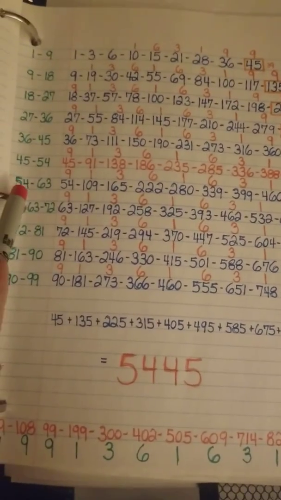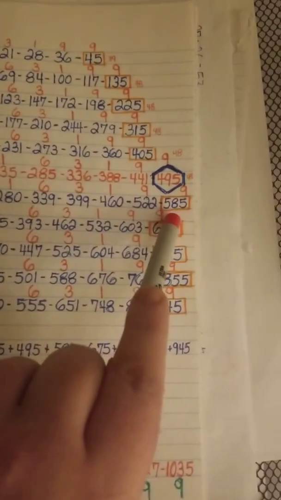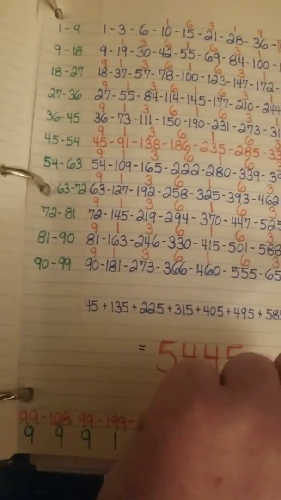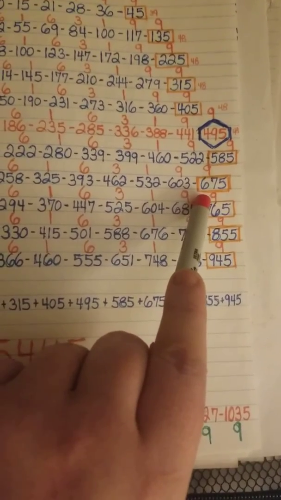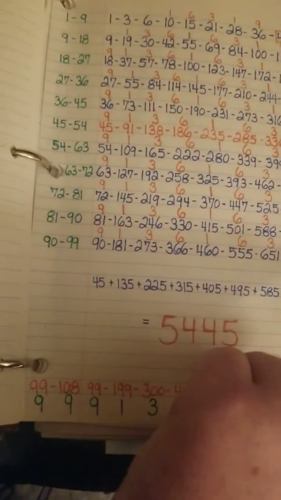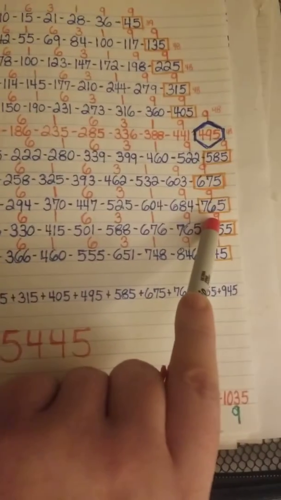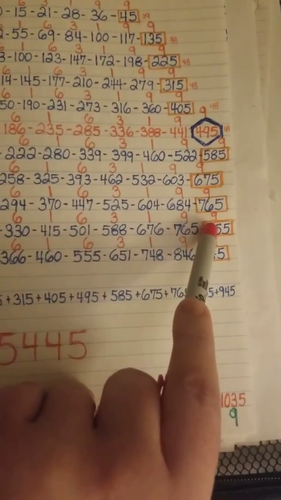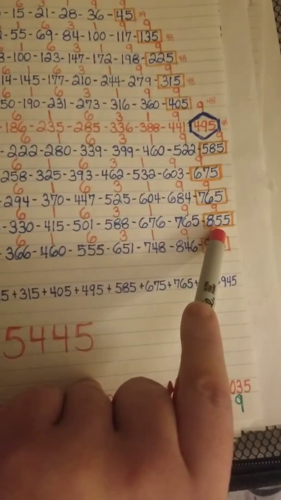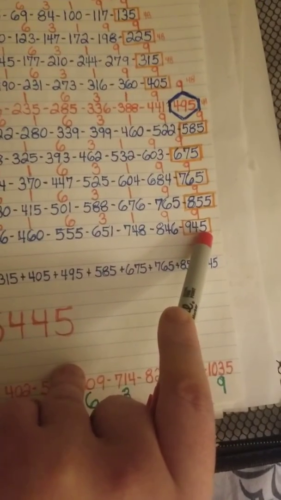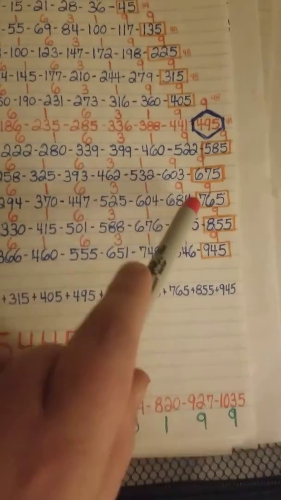The following numbers are 54 to 63, you get 585. 63 to 72, you get 675. 72 to 81, 765. 81 to 90, 855. And 90 to 99, you get 945.